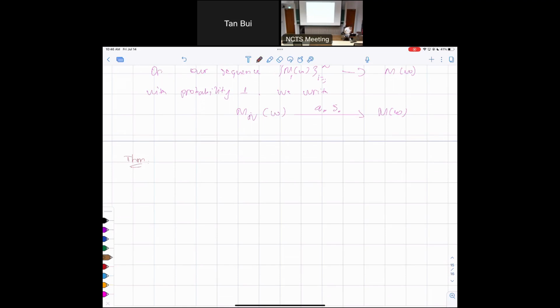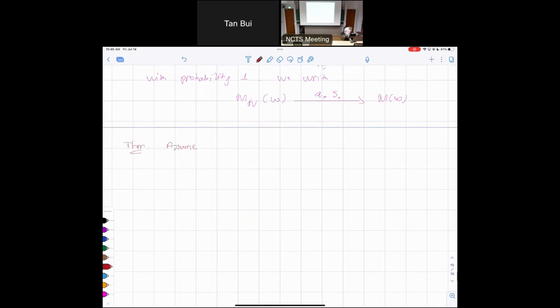Okay, so let's do a theorem here. Assume that the M_i are IID from pi_M, that means from a probability measure with density pi_M with respect to Lebesgue measure. Second, we assume that the mean of M, M bar, is finite.